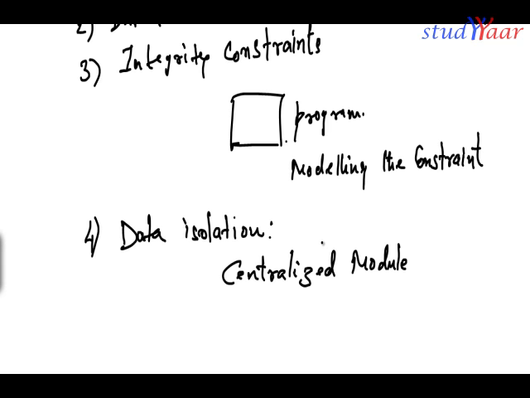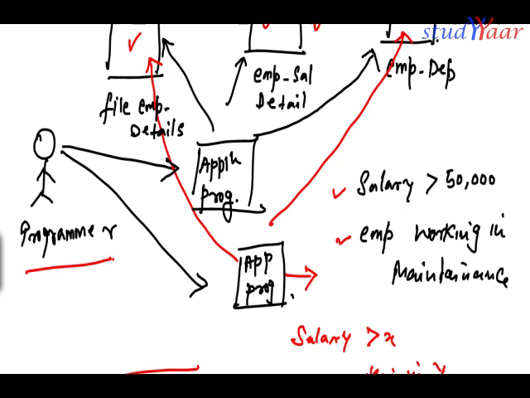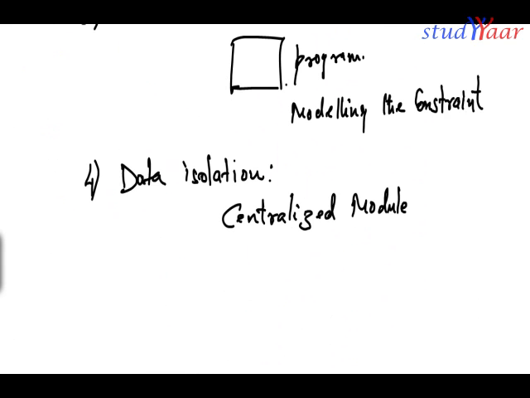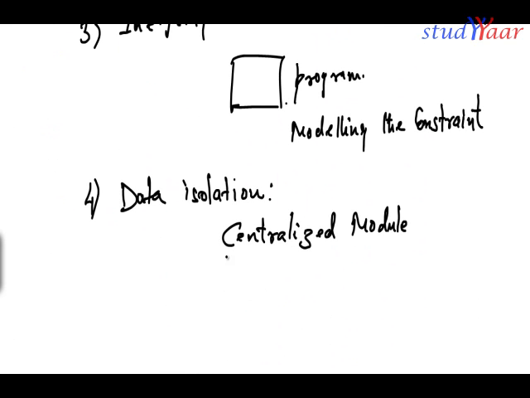My data should not be scattered in different files, having different formats, having different ownerships. So as we studied here, in this case, my data is scattered in around 3 files, and probably we'll have different owners for these 3 files. So there are lots of problems. So I want my data to be centralized.